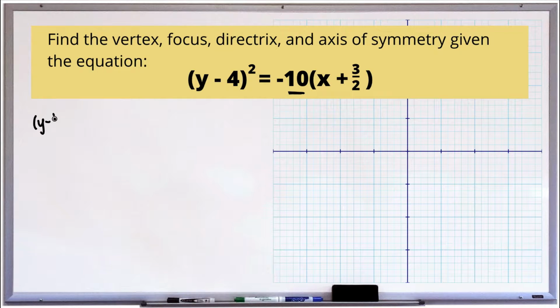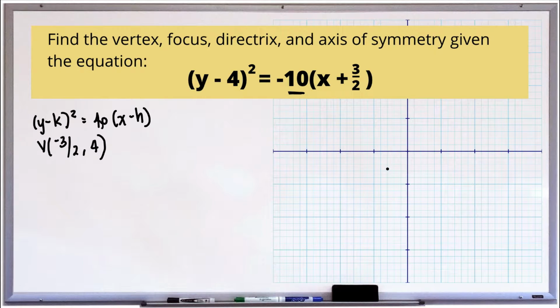From (y minus k) squared equals 4p(x minus h), the vertex is (h, k). With this example, the vertex would be at the point (-3/2, 4). From here, we can already identify its axis of symmetry.